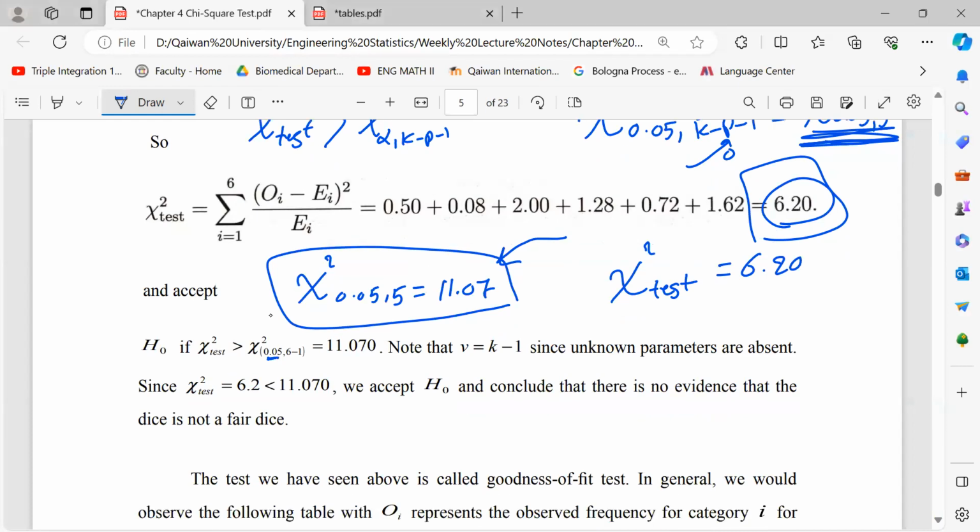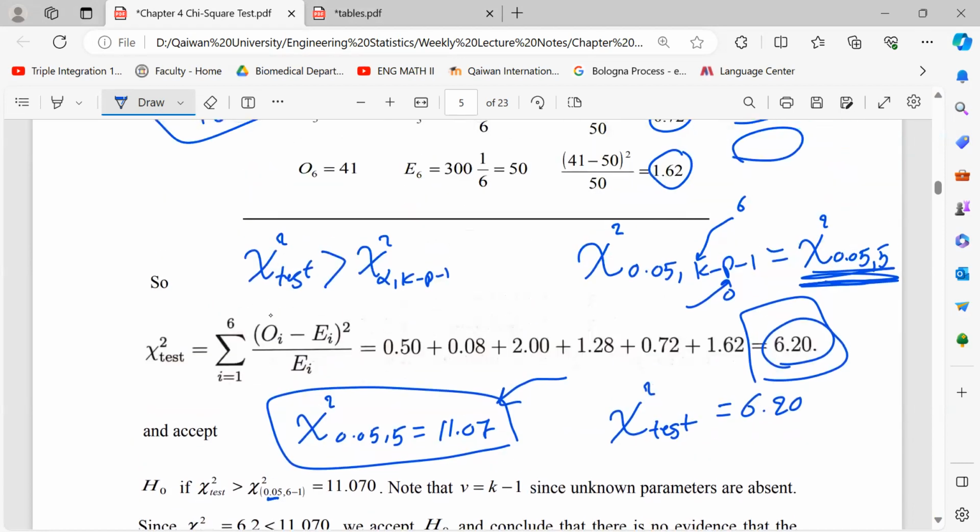For H naught, we said the dice is a fair dice. Okay. H1 states that the dice is not a fair dice. We said if chi-square test, which is 6.20, is greater than the chi-square from the table, which is 11.07.